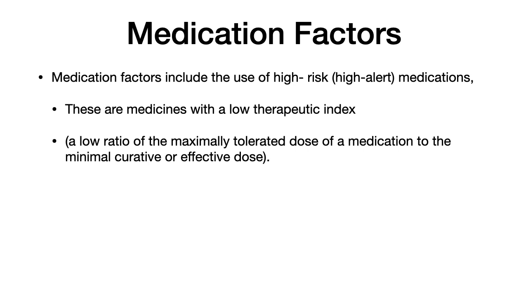These are medications with a low therapeutic index, which means a low ratio of the maximally tolerated dose of the medication to the minimum curative or effective dose. These include digoxin and theophylline, medications with a narrow therapeutic window.